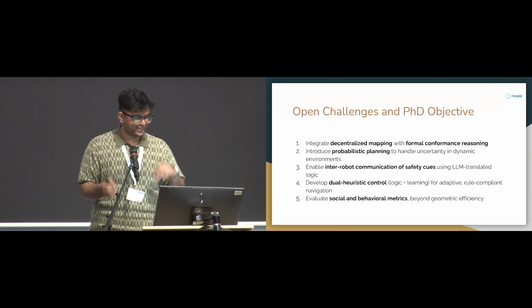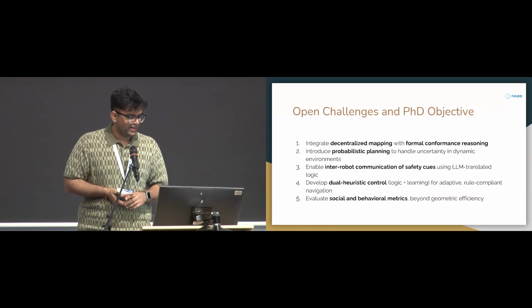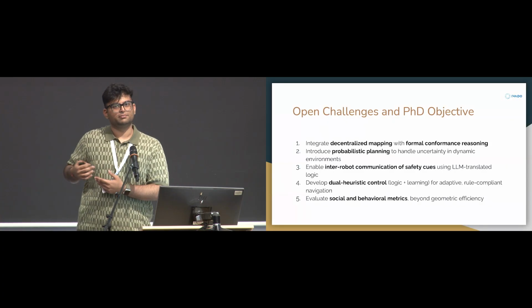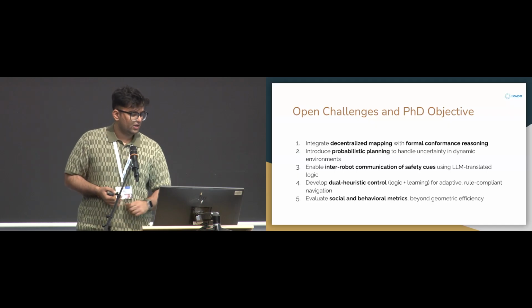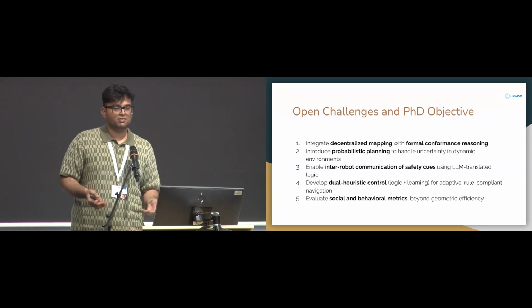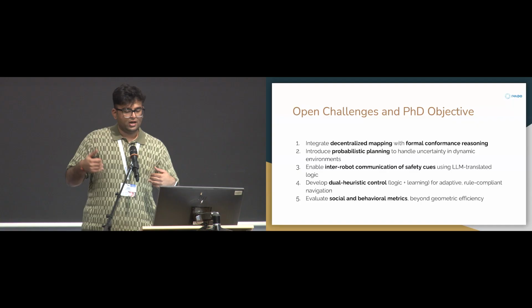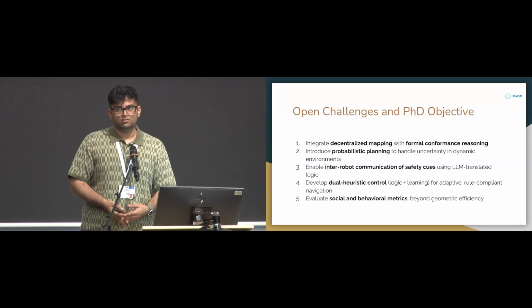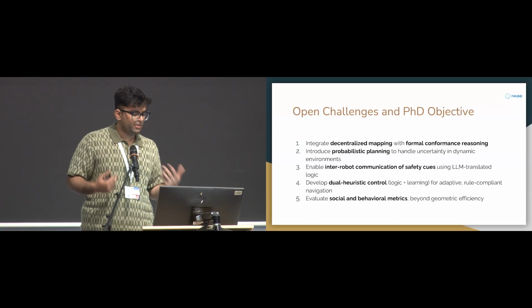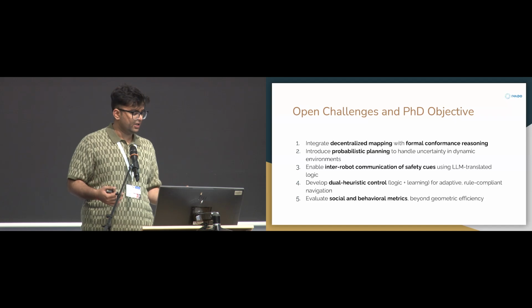So that brings me to the open challenges that we are trying to target for our PhD. It's basically creating a decentralized way for these robots to talk among each other, as I said, using key changes that are happening in the environment around them. We'll use probabilistic planning to handle uncertainty in dynamic environments.